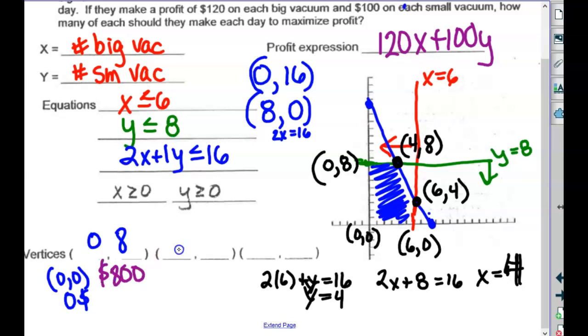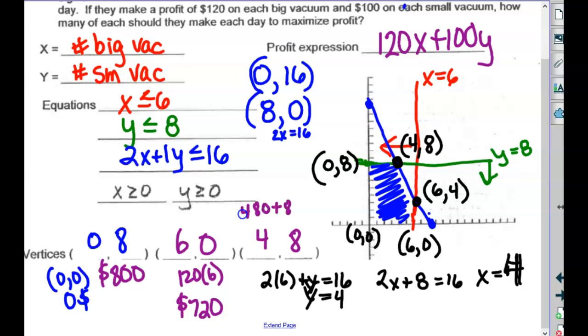I'm just trying to do them one at a time here. 6, 0 would be 6 times 120, which would be maybe 720. Anybody checking me? Okay. Then we got the 2 that are weird, right? We got 4, 8, where we make some of each. That would be 480 plus 800. 1280 is that one?